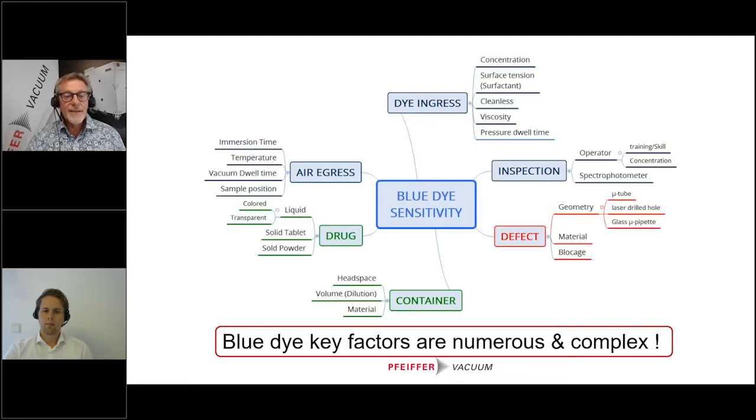So all these factors will have an impact on the sensitivity of your blue dye, and it's easy to understand why this is a probabilistic method, because you cannot predict what will happen. There are so many parameters, you cannot control everything.